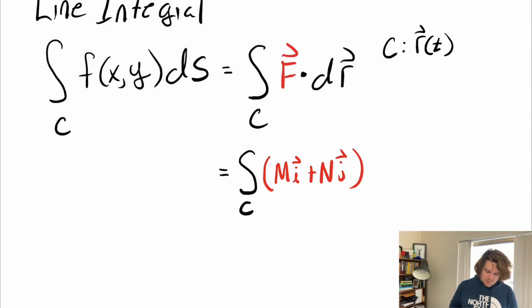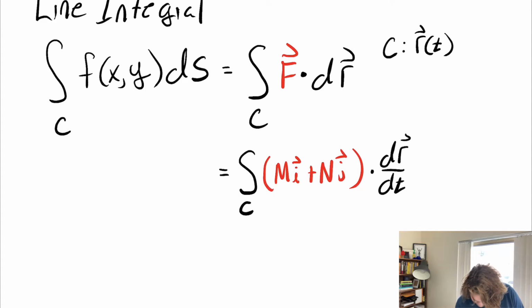And we can also rewrite this dr as dr dt times dt. I'll erase the dot there because I don't want us to confuse it with a dot product at that point.